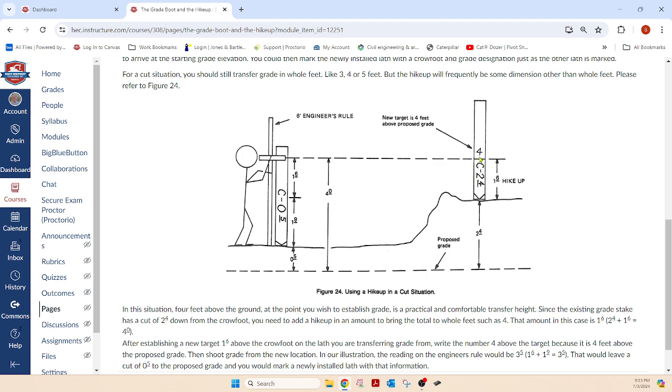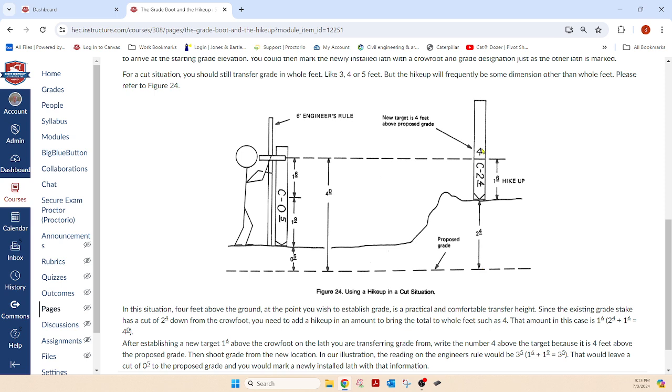So if I want this to be 4 feet above the proposed grade and 2.4 feet is underground, I take my desired boot and subtract the cut to arrive at a figure that'll tell me where to put this mark right here so it will be 4 foot above my desired grade.